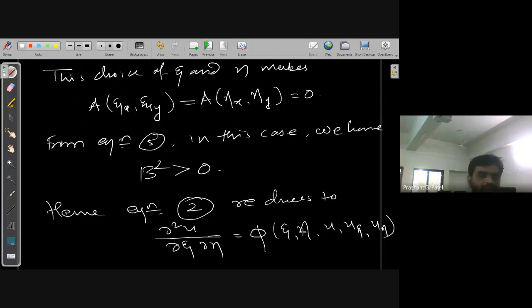In that case, we will say that the equation is hyperbolic type and the example is the wave equation.